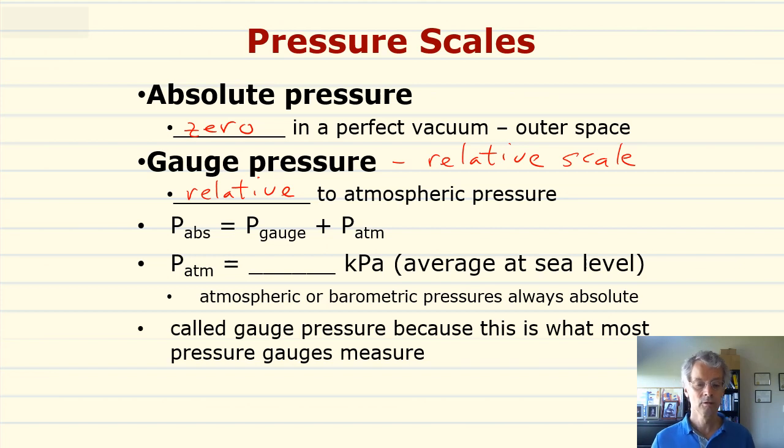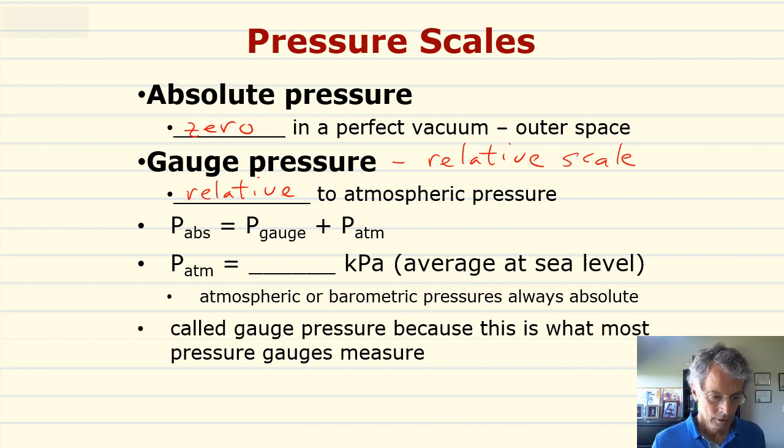So if one of those little dial gauges read 50 kilopascals, that would be telling you that the pressure inside the container that gauge is attached to is 50 kilopascals higher than atmospheric.